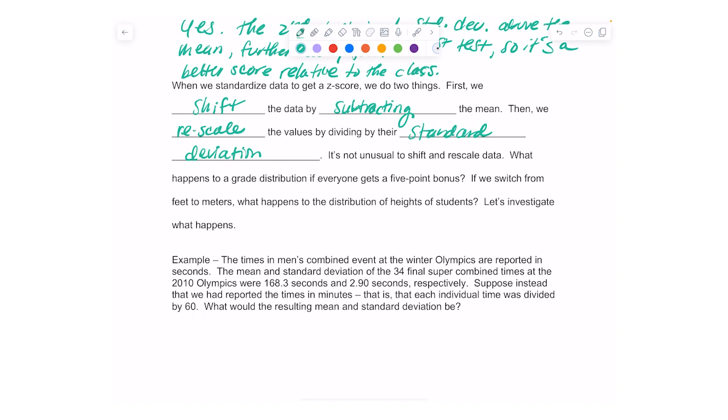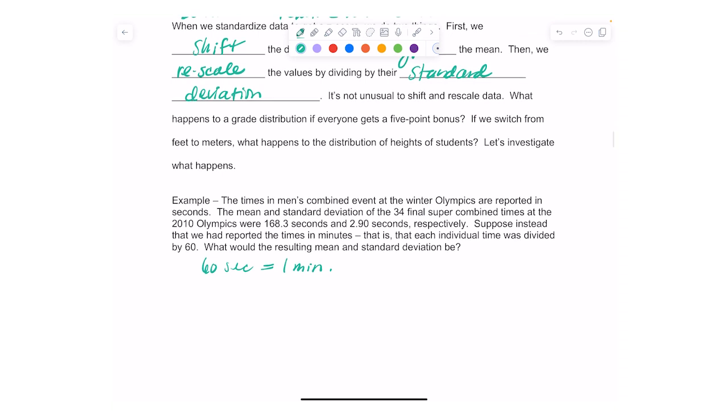Well, let's find out. First, we need to remember that there's 60 seconds in 1 minute. So I have my mean, which is just 168.3 seconds. And if I want to convert that to minutes, I need to divide by 60 seconds so that the seconds cancel and I'm left with minutes.